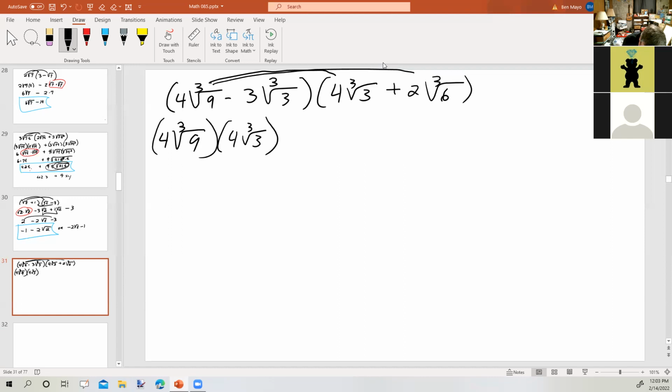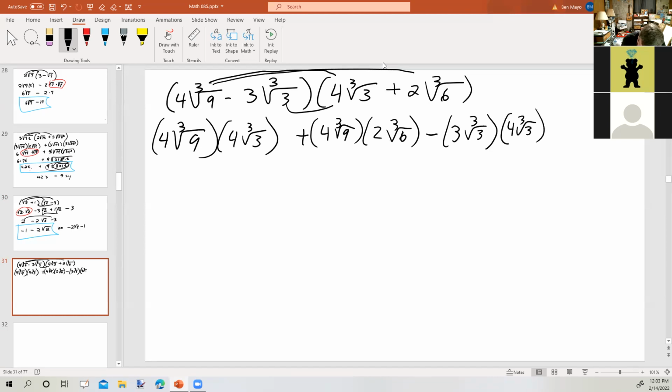Then here we get plus 4 cube roots of 9 times 2 cube roots of 6, minus 3 cube roots of 3 times 4 cube roots of 3, and then minus 3 cube roots of 3 times 2 cube roots of 6. Okay, so I've done my 4 FOILing multiplications.